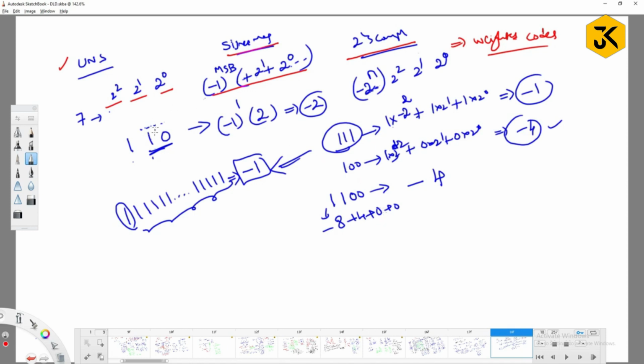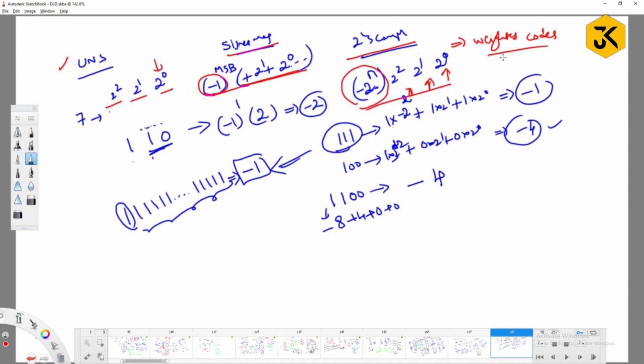Each and every location has some weight. Right? Here if you observe, it is powers of 2: 2 power 0 with index position, 2 power 1 with index position, and so on. The last position has minus power for the MSB bit. Similarly, everything has some weight.